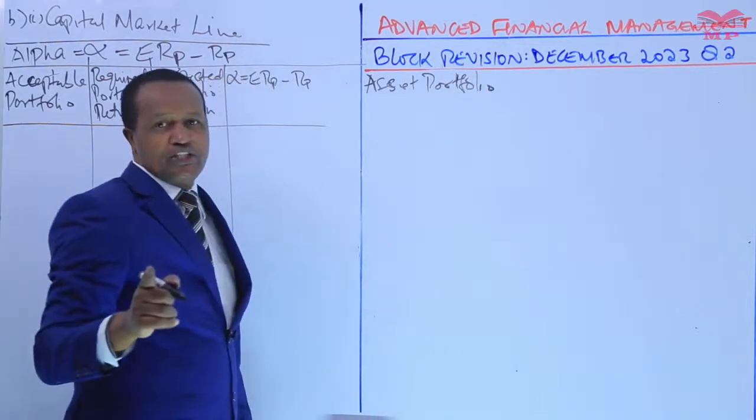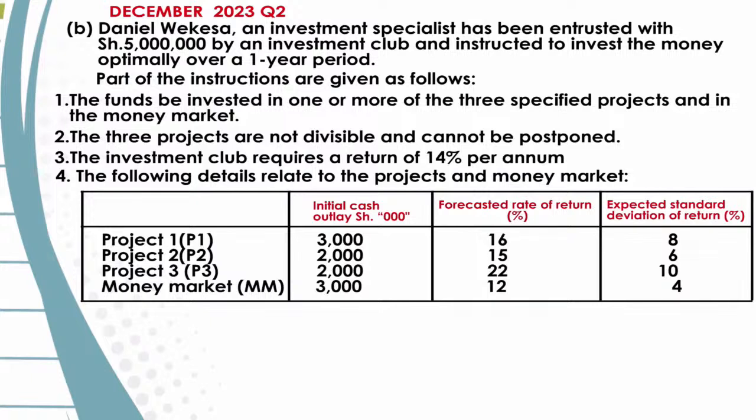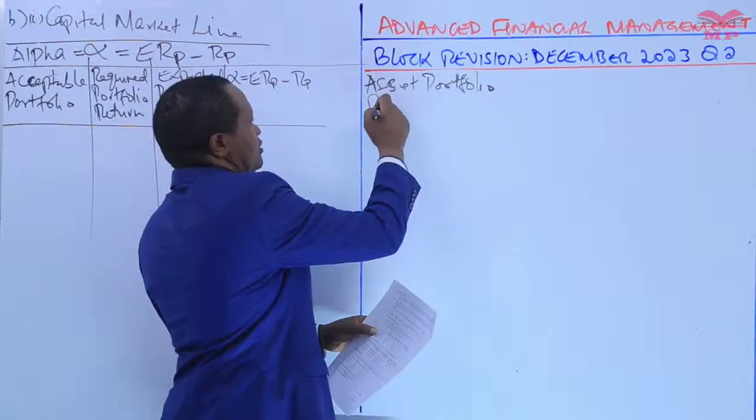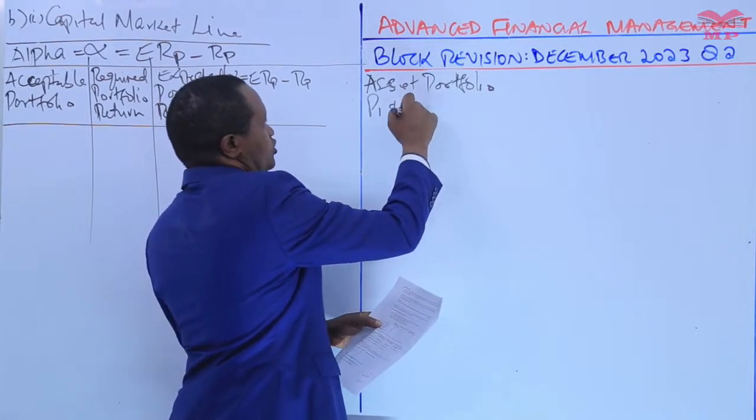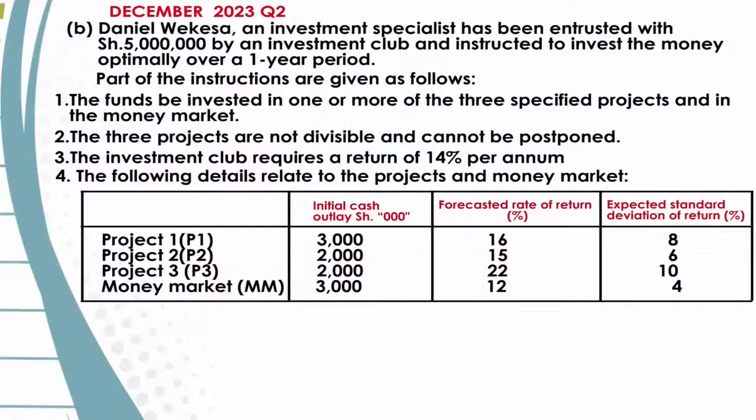The possible combination. From note number 4, you can see the maximum investment is 5 million. So one possible combination is project 1 and project 2. Project 1 is 3 million, project 2 is 2 million, a total of 5 million.